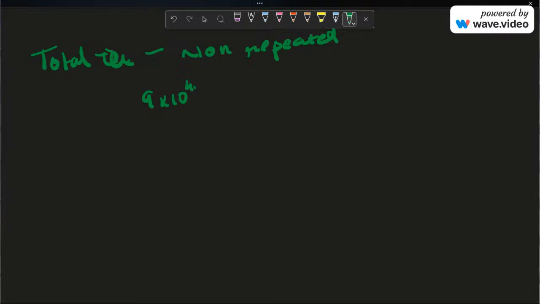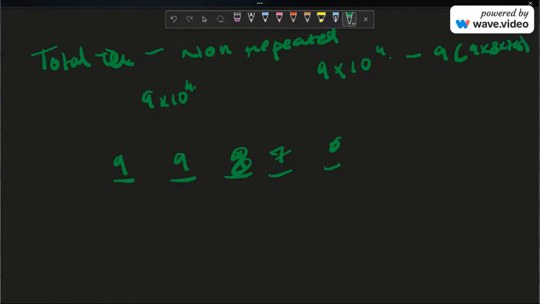And non-repeated: 9 digits, 8 digits, 7 digits, 6 digits. Okay, so I understood my mistake. 9 into 10 to the power 4 minus 9 into 9 into 8 into 7 into 6. That comes out to be 62784.